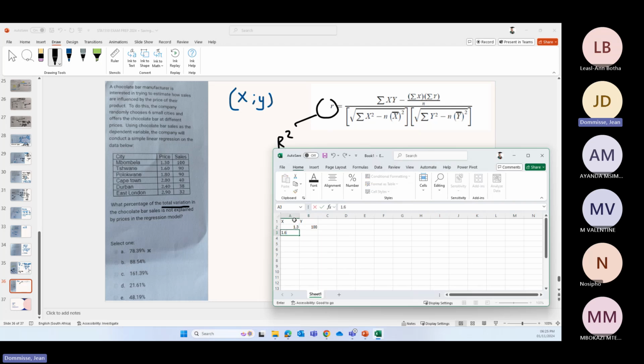Some calculators need you to put in the x's first. Some want you to do the x and then the y number, and you need to put all of them in. Again, I don't think you guys will get something like this in the exam, because it's not a quick one.